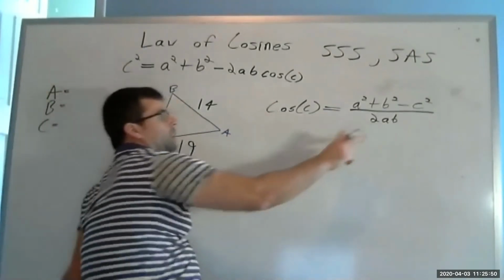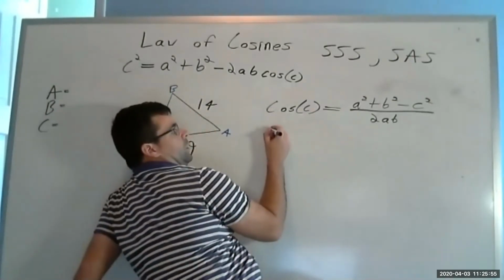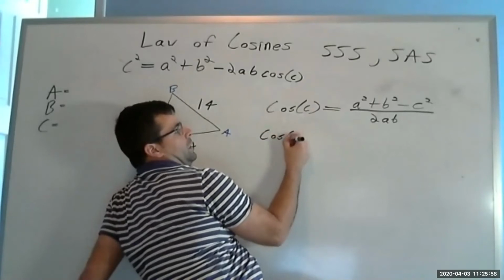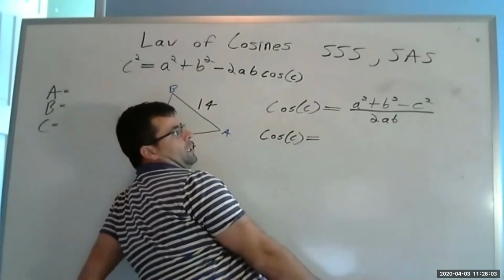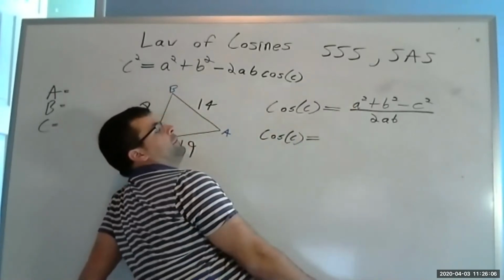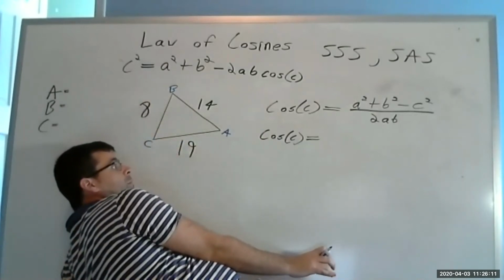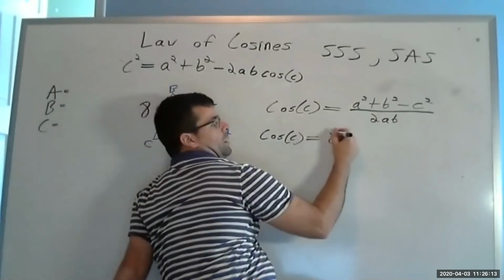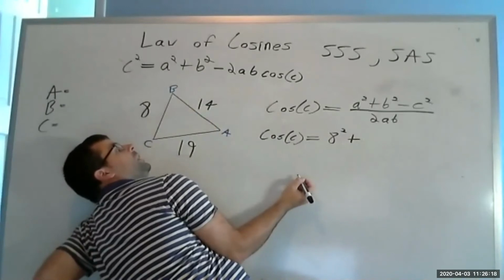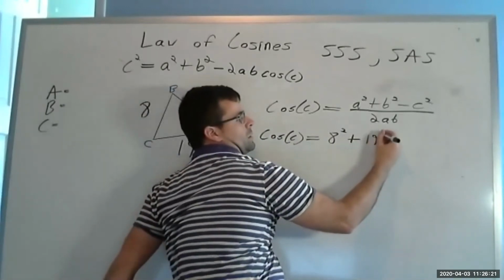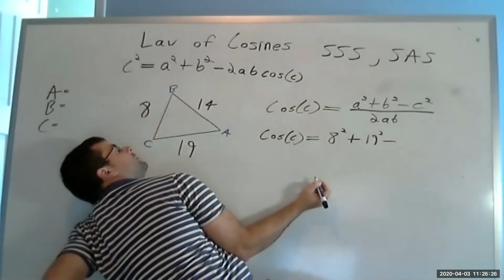Well, we can just plug this stuff in. So cosine C. What goes in for a? 8. What about b? 19. And c? 14.